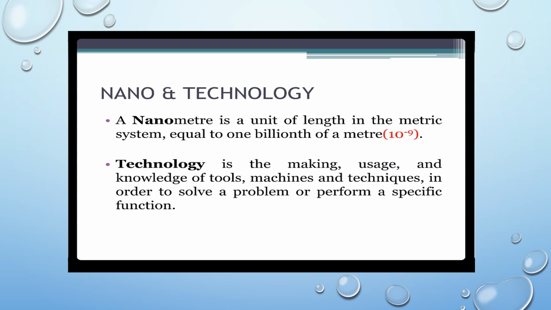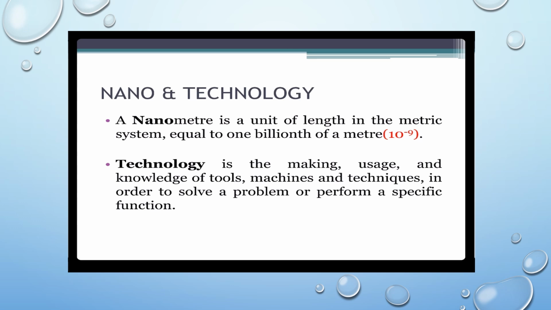It can be used as a prefix to any unit like a second or a meter and is equal to 1 billionth of that unit. That is, 1 nanometer equals 1 times 10 to the power of minus 9 meter. Nanoscience and technology is an interdisciplinary area of research and development.